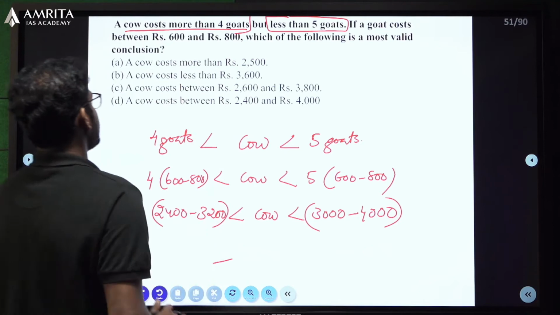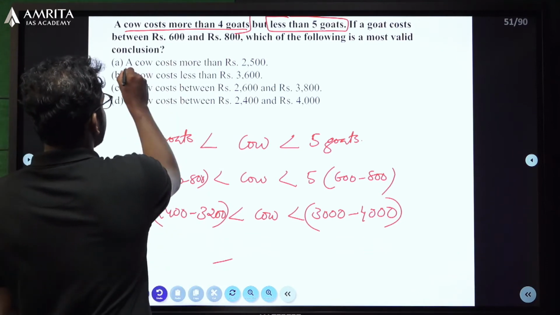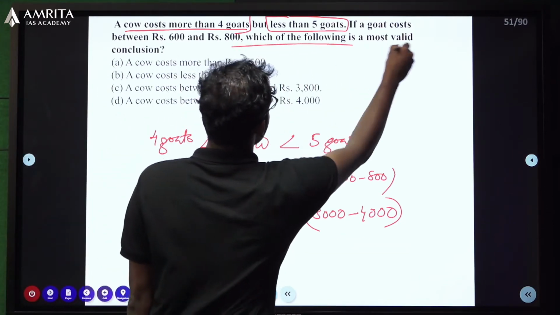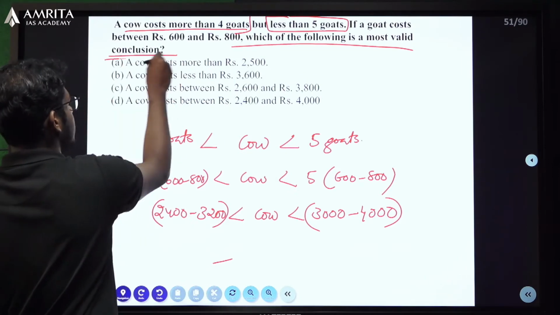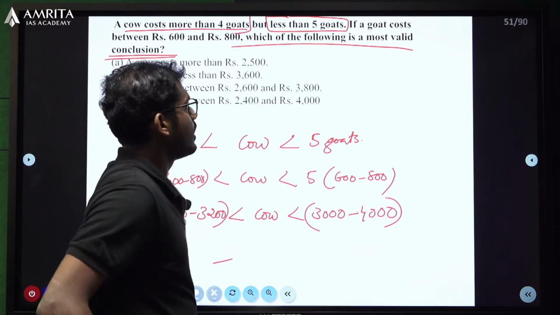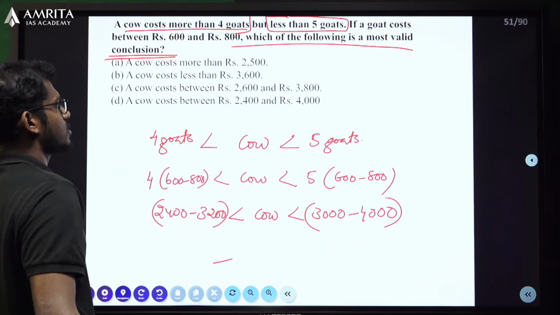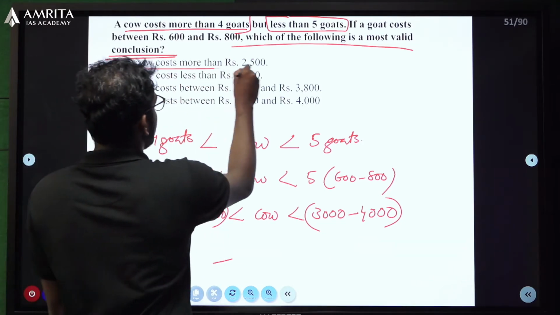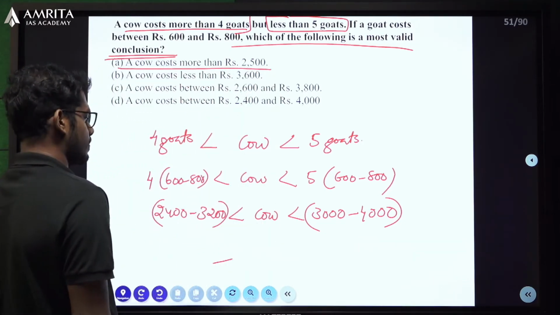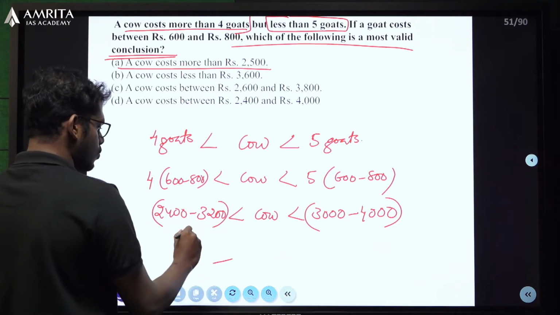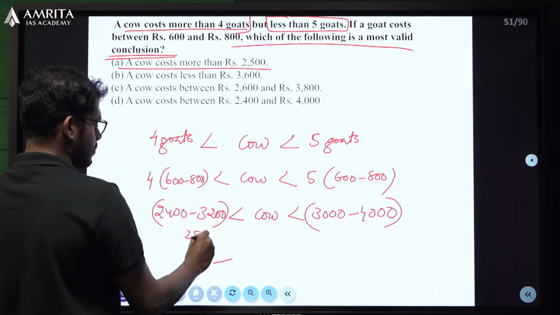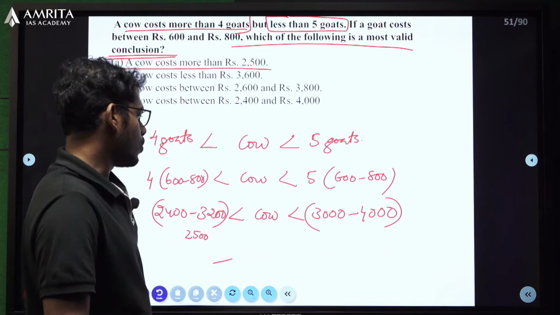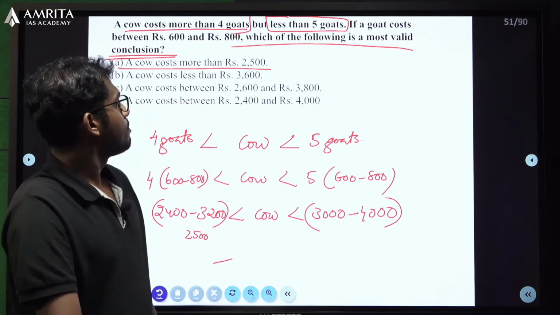Clear? Now the question is, which of the following is the most valid conclusion? A cow costs more than 2500. Can it be?